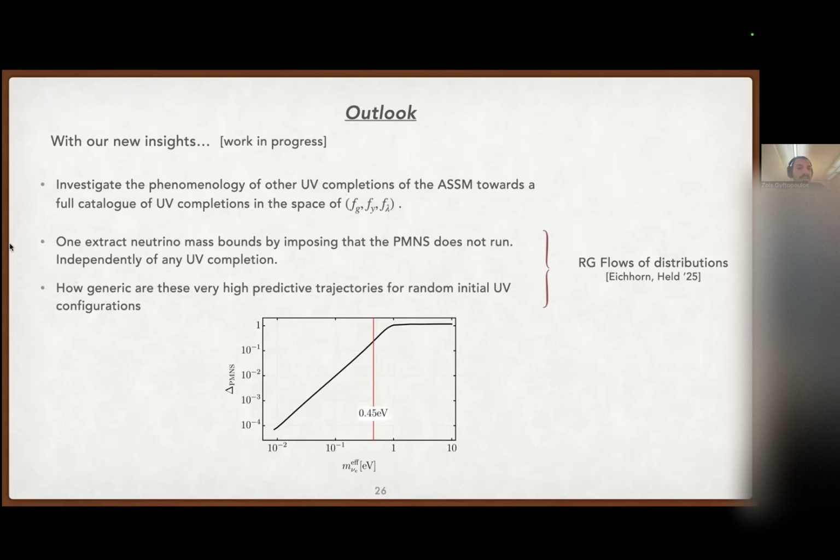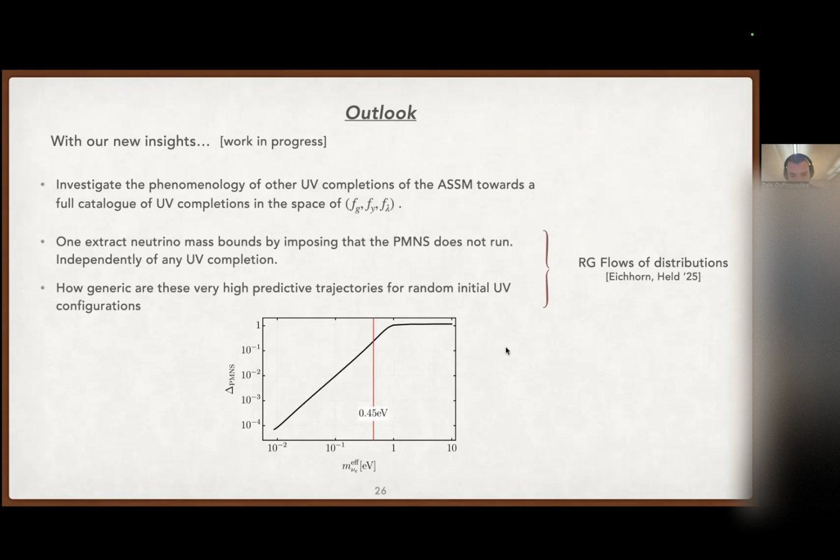Another very exciting prospect relies on the fact that the PMNS must not run. And with this idea, one can extract a neutrino mass bound that is independent of any UV completion.